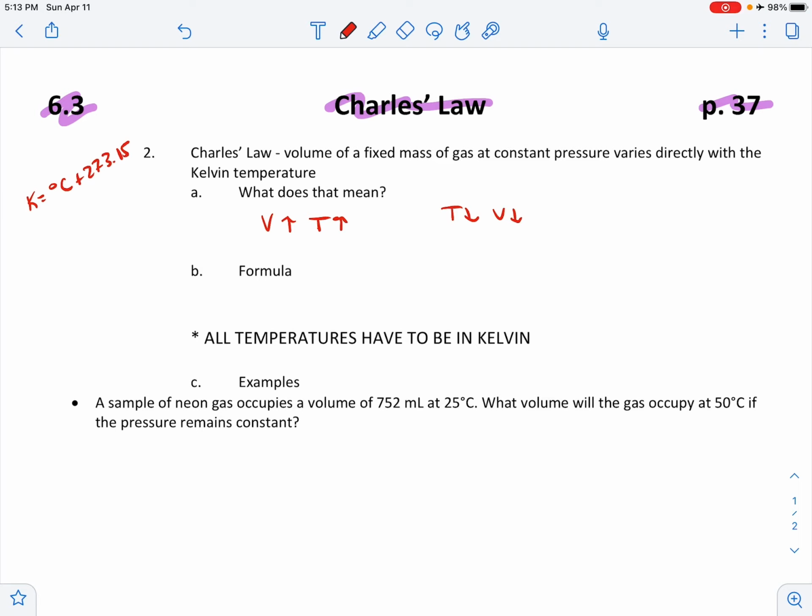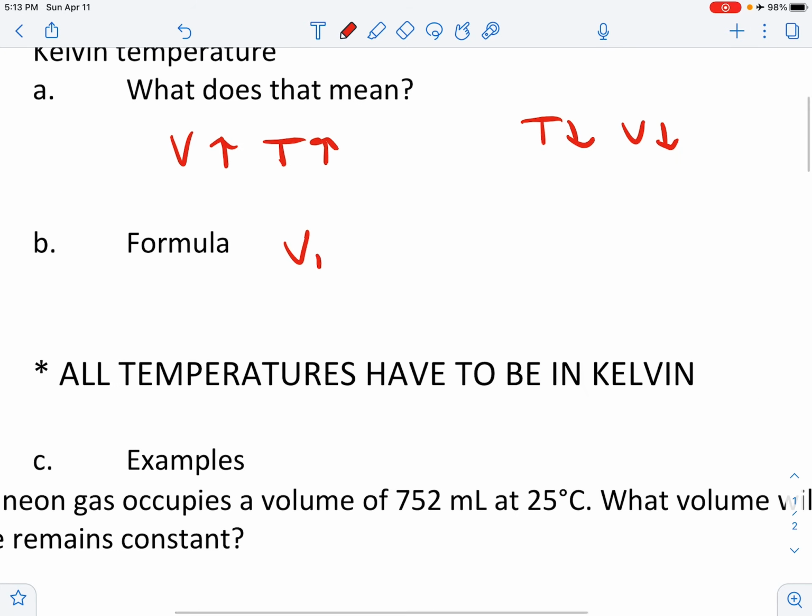When we did it before with Boyle's law, we said P1 V1 equals P2 V2. But if we do the same thing with volume and temperature, since it's direct, officially we should have V1 over T1 equals V2 over T2.